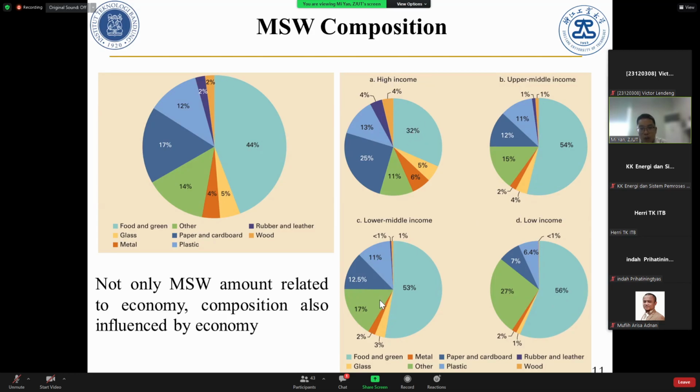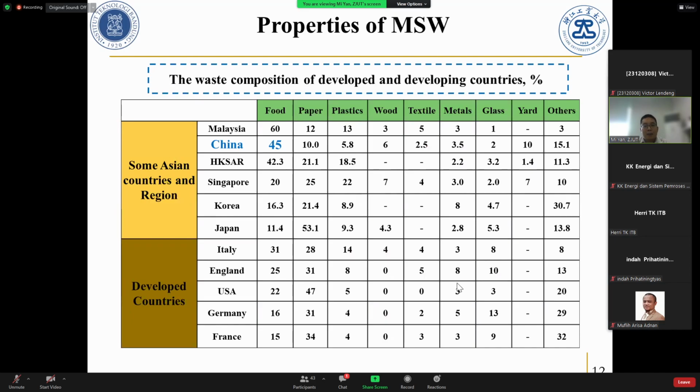So of course, it will influence the combustion technology, the incinerating technology. That's why, in the beginning development of WTE in China, imported grates could not work well in China, because the quality of MSW is quite worse compared to developed countries.